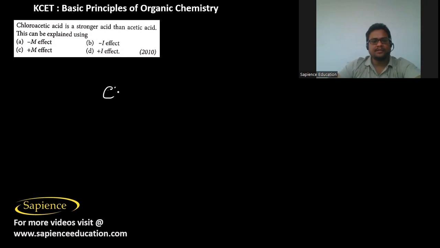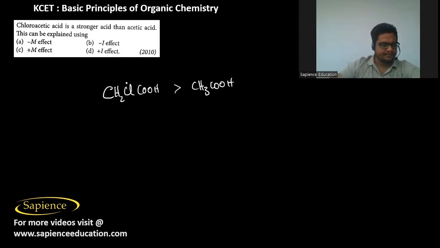Chloroacetic acid, CH2Cl COOH, is stronger than acetic acid, CH3COOH, since chlorine has got the negative inductive effect.